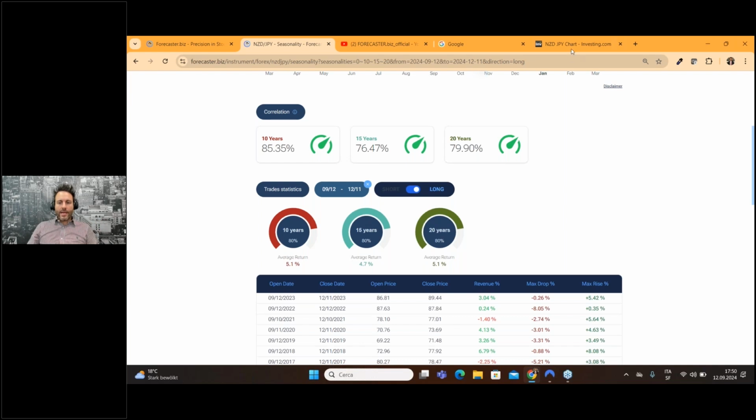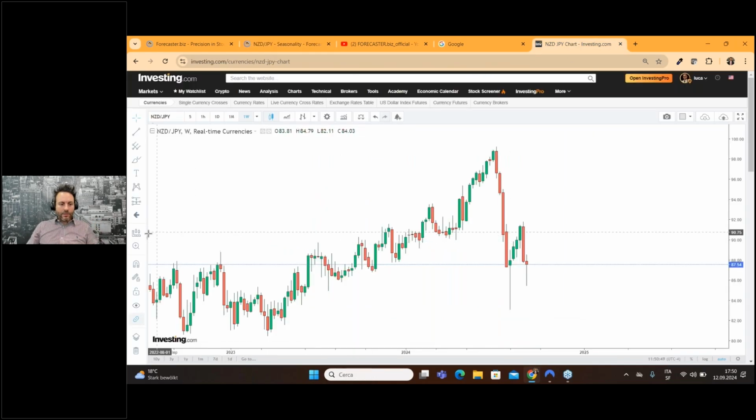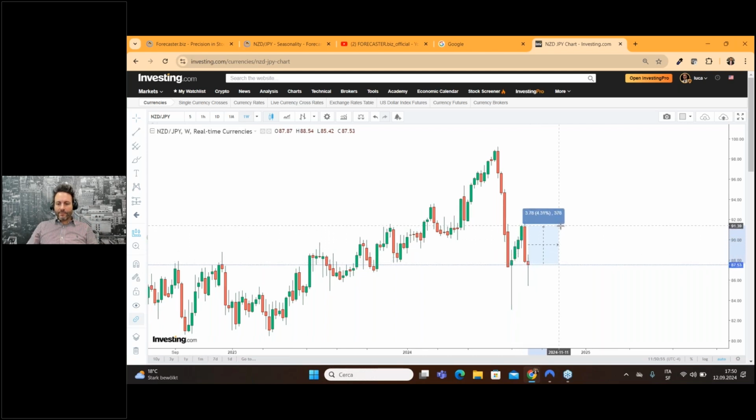We can put a target starting from the actual price of a 5%, which is here, at 92 for New Zealand versus Japanese yen. So this is what we can expect.